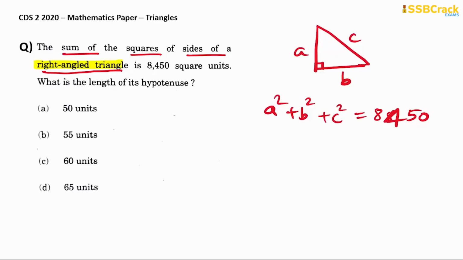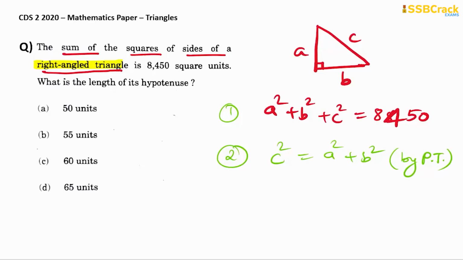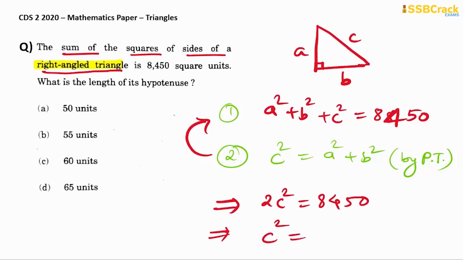And we know another equation apart from this one. What is that? The hypotenuse: C square equals A square plus B square, and this is by which theorem? Pythagoras theorem, right? So we can easily substitute the value of C square into the first equation to see that 2C square equals 8450, which will give you C square equal to 4225, and you know that 4225 is a perfect square number.